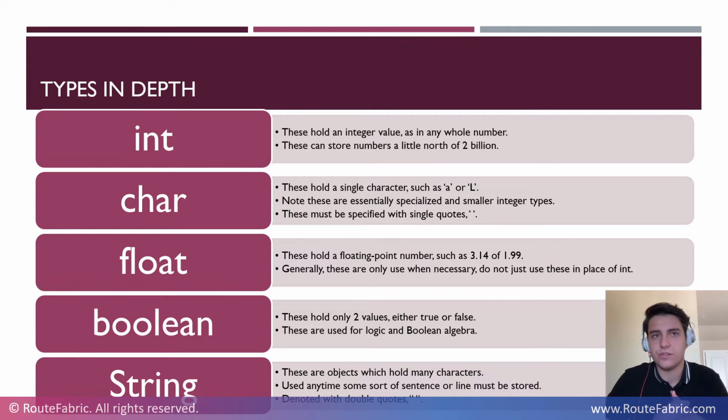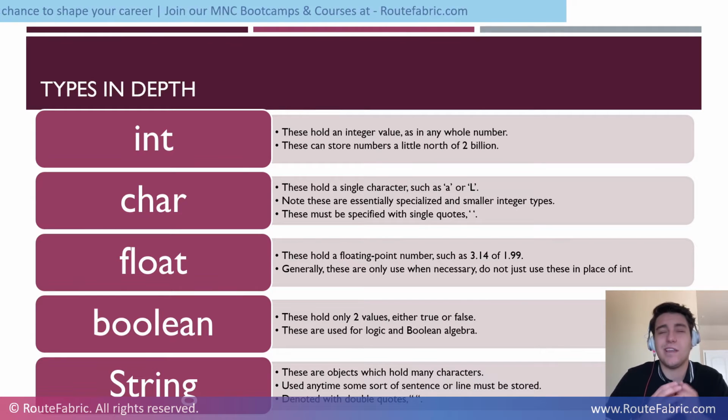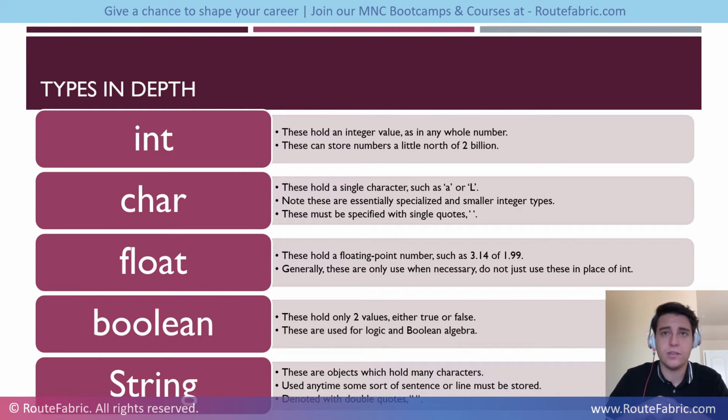There are different characters. So also note that these are essentially specialized and smaller integer types. So an integer can hold a little north of 2 billion. A character is really also just a number. The language stores your characters as numbers for efficiency's sake. And so your character really goes from 0 to 255 is how many characters there really are.